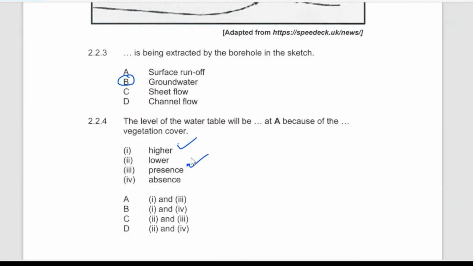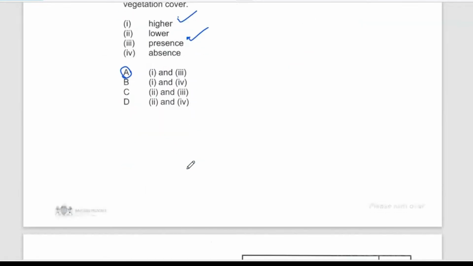The water table will be higher at A, right? And it is because of the presence of vegetation. So our correct response must be item A, which matches higher and which matches the presence of vegetation, which qualifies our response to be correct at item A. Right, we move on to the next question.